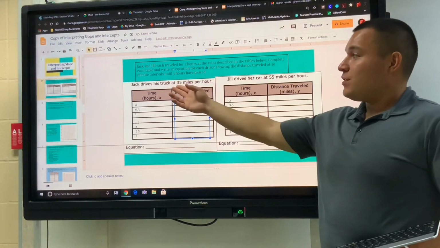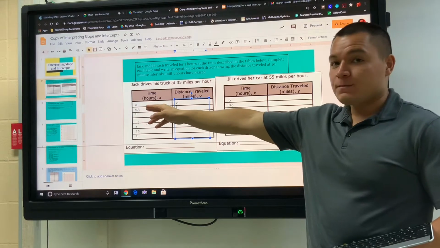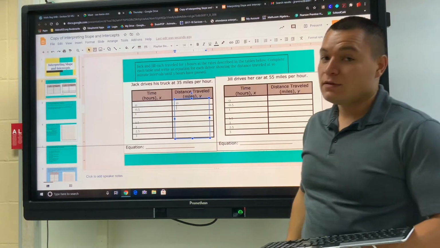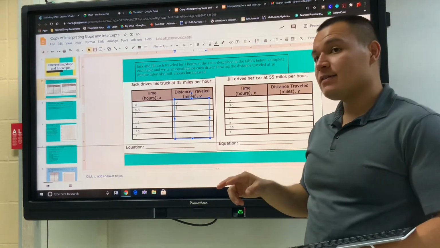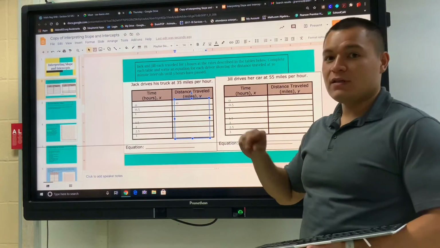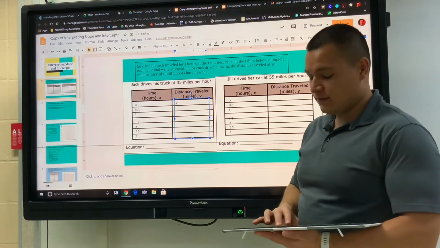If he goes 35 miles in an hour and he's only gone half of an hour, then he is going to go half of 35. Well, half of 36 would be 18, so half of 35 is going to be half of a number less than 18, which is 17.5.